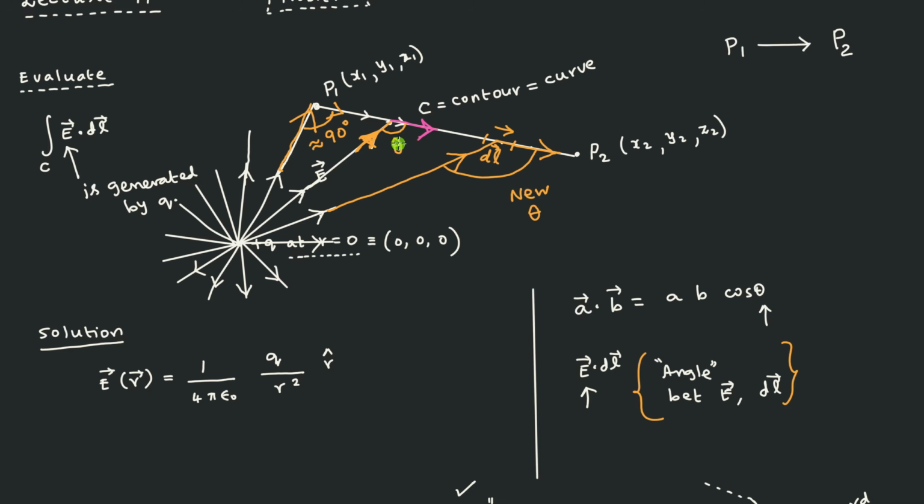But when you come here, theta is certainly not 90, and when you come to the new theta here, it is a much larger angle. So your observation from this diagram clearly tells you that evaluation of E dot dl is not easy, because this theta keeps on changing as you walk. If I have all the numerical values of theta, then it is fine. You can always substitute that and get the expression.